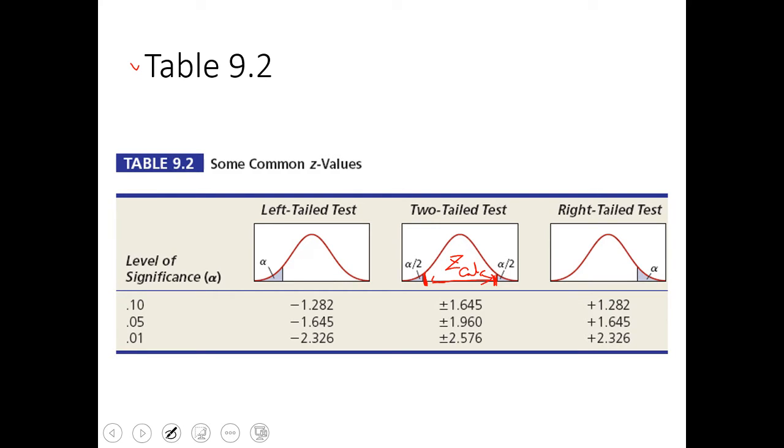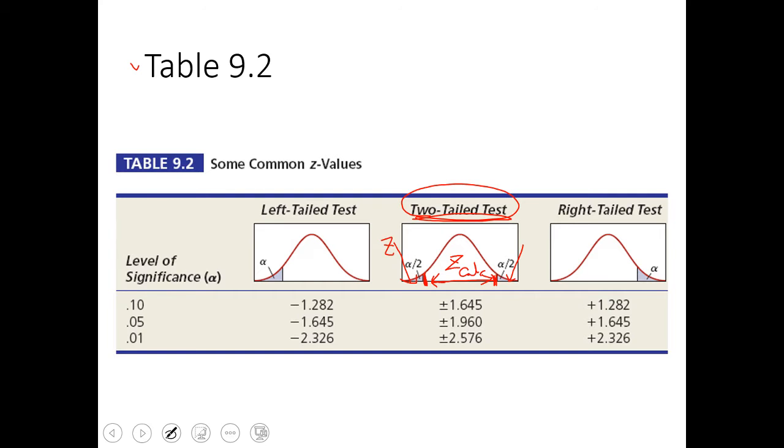then we cannot reject the null hypothesis in a two-tailed test. And if this z statistic is located in here or here, then we reject the null hypothesis in the two-tailed test.